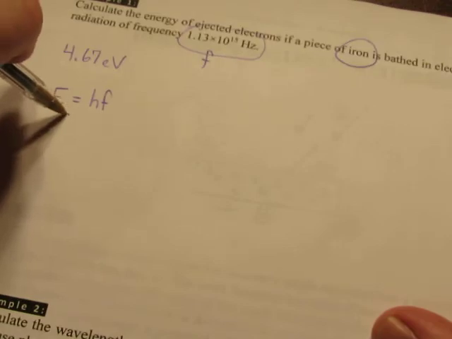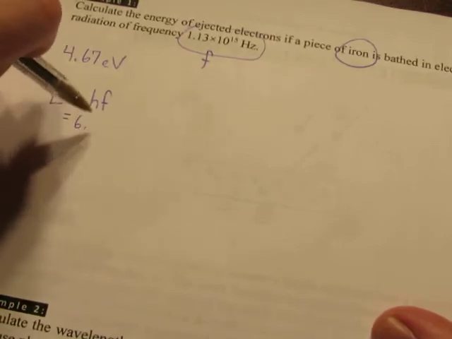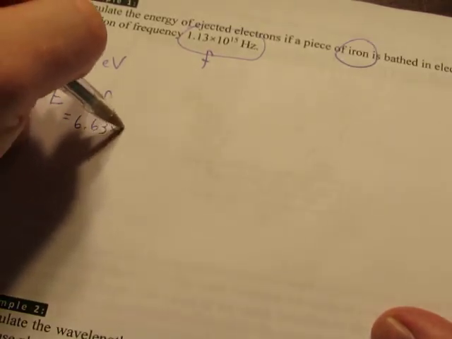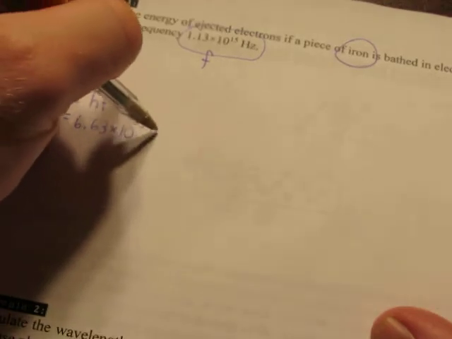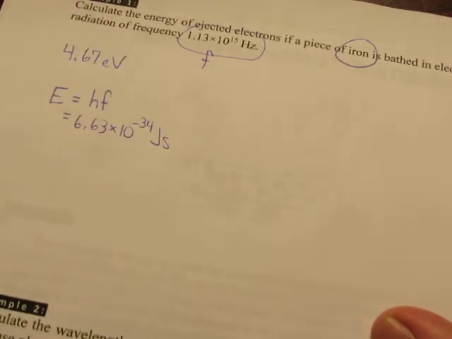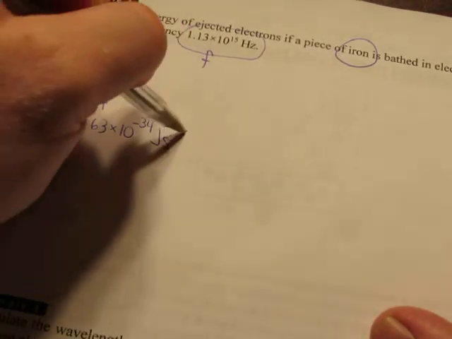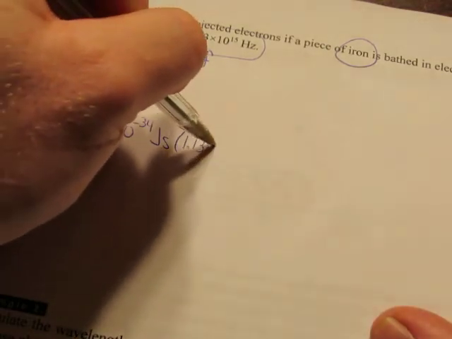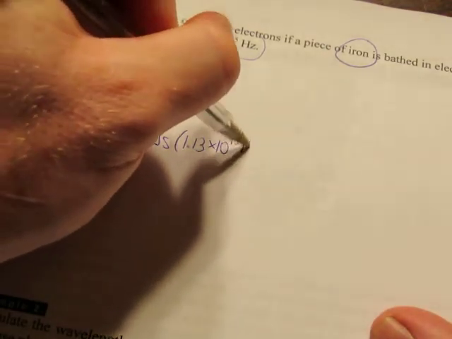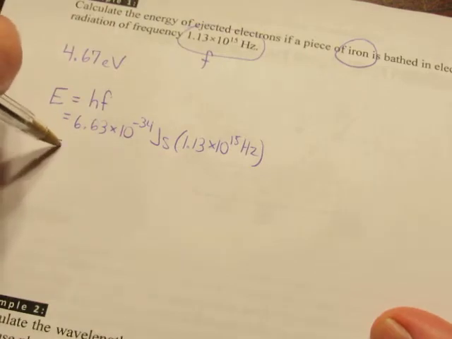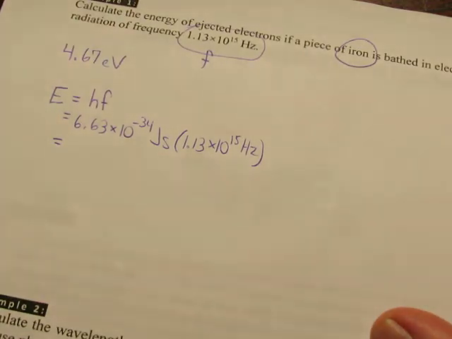Energy is going to be hf. Your h is 6.63 times 10 to the negative 34 joule seconds. Remember, that's a constant. And the frequency in this question is 1.13 times 10 to the 15 hertz. So this will give you the energy coming in at the beginning. And really, that's going to be the total energy anywhere in the entire question.